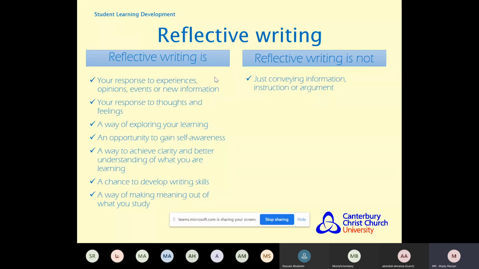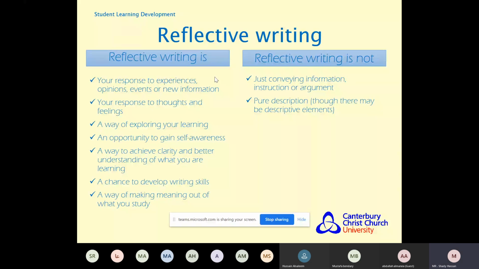But what doesn't apply to reflective writing is just conveying information, instructions, or arguments. It's not conveying information. It's not just this. Pure description, though there may be descriptive elements, but you're not just describing or summing up.